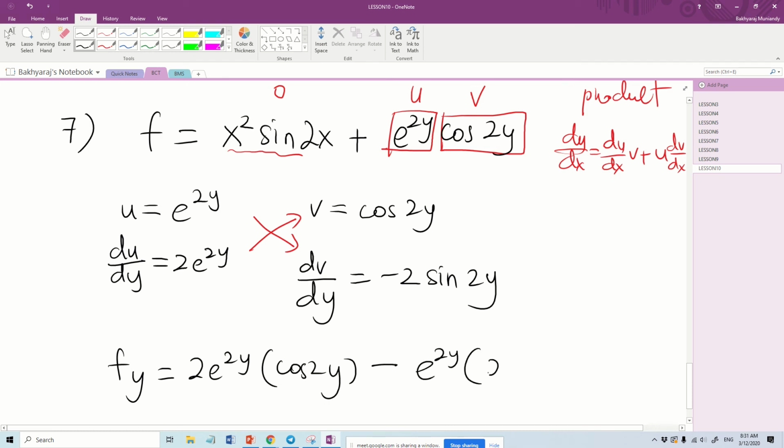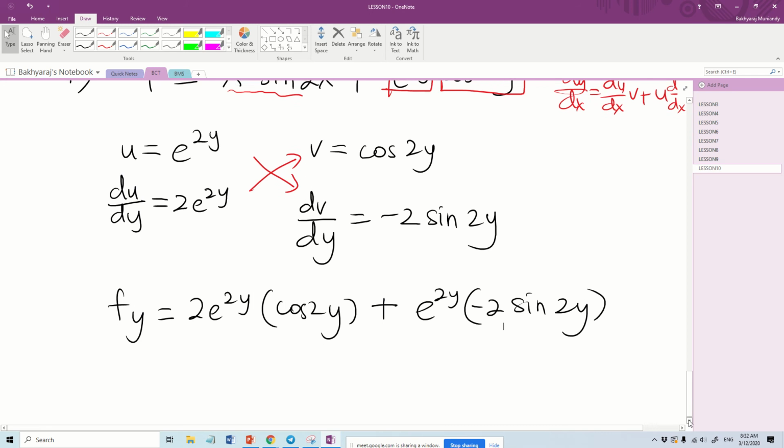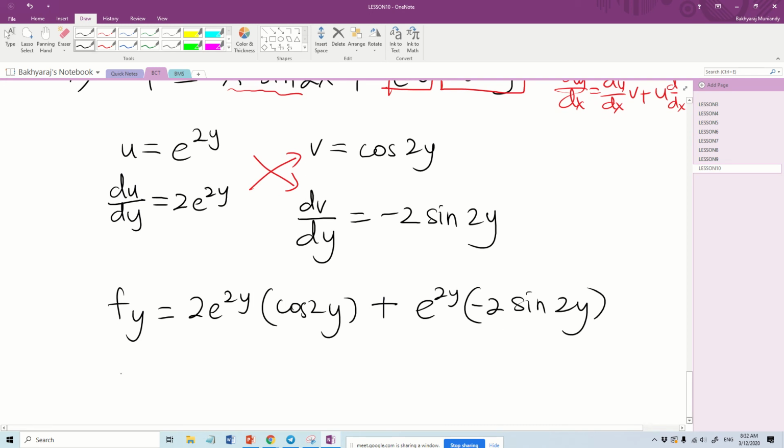Okay, before I do manipulation, I put the formula first, then I do the manipulation, which is good. The last answer is very good. Thank you. So here you get 2 exponent 2y cos 2y minus, then bring the constant to the front, so 2 exponent 2y sin 2y.